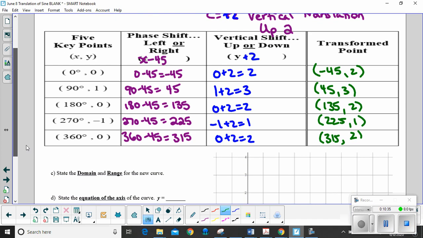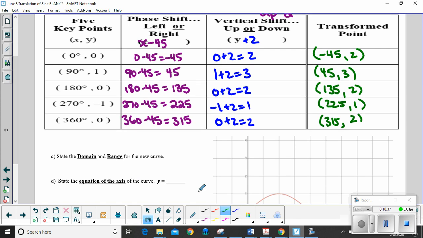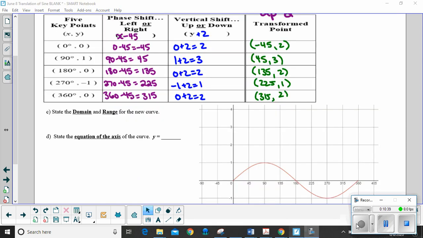So let's graph it. Let's see, did I give myself enough space here? Probably not. All right, so let's see. We've got negative 45, 2, 45, 3, 135, 2, 225, 1, and 315, 2.